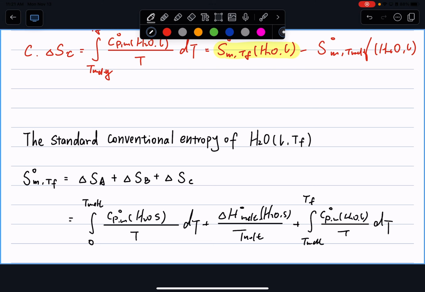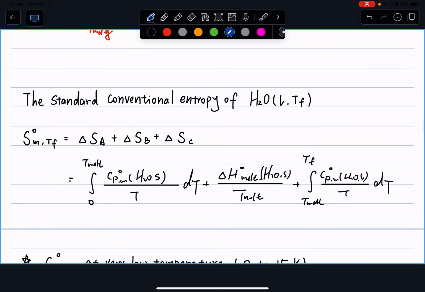In here, some of the terms are easier to solve. For example, this one is pretty straightforward: as long as you know the heat of melting, you know how to solve this part. The last part is a little bit more tricky, but the heat capacity is something you can measure experimentally.